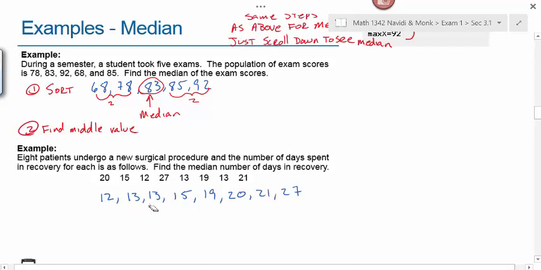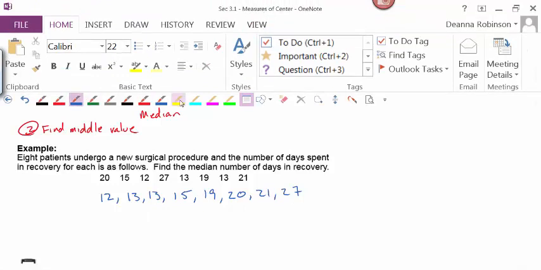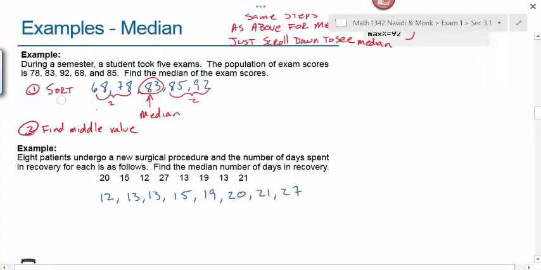Just to double check, there's 1, 2, 3, 4, 5, 6, 7, 8. 8 divided by 2 is 4. That means that the 4 will be halfway in between, 4 to the left, 4 to the right. And how we find the median now is we average these two numbers. So what will the median be?